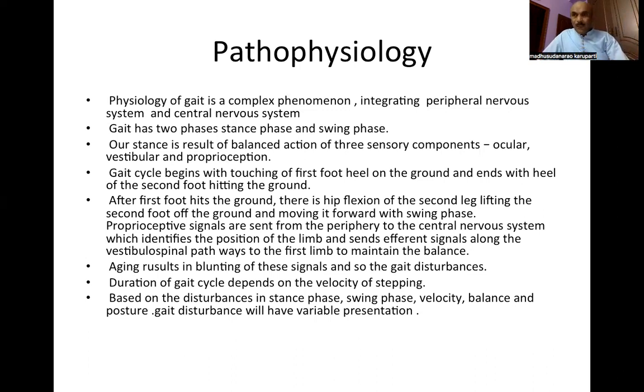This is brought out by the signals sent from the vestibulospinal fibers, which play a very important role in maintaining the stability and the balance, in addition to the cerebellum.